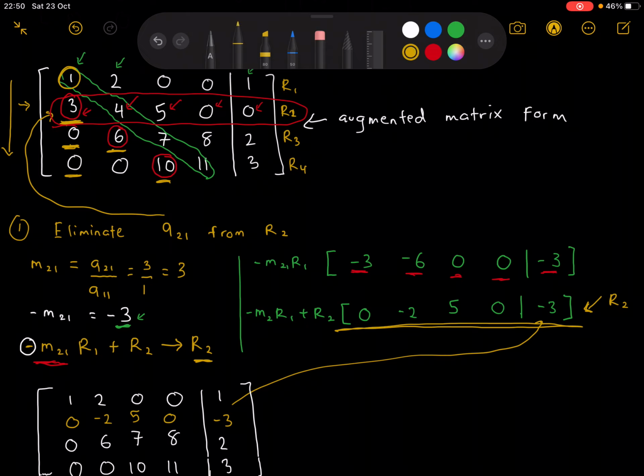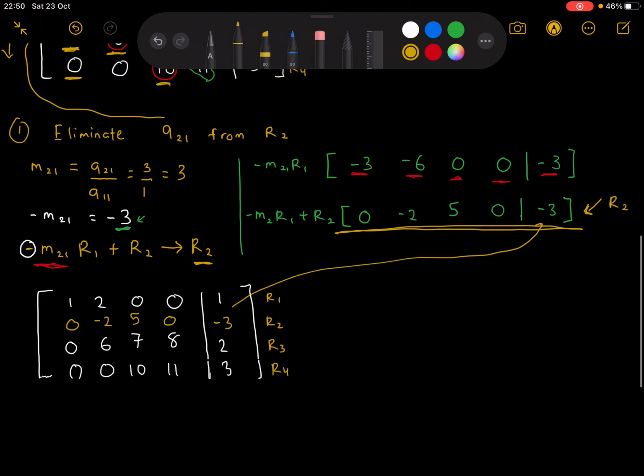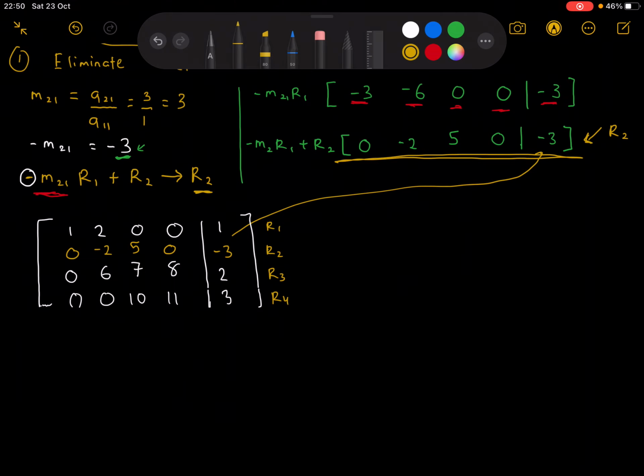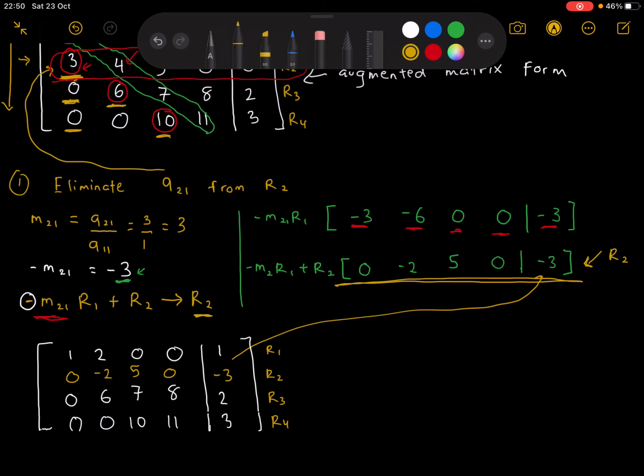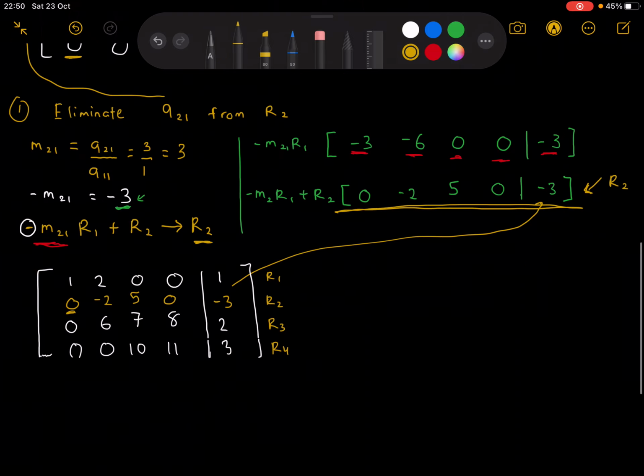So now this is our first row, second row, third row, and fourth row. We have already transformed 3 here, now it has become 0 here. As I mentioned, we need to do row by row, since the third row is already 0 and the fourth row is already 0.